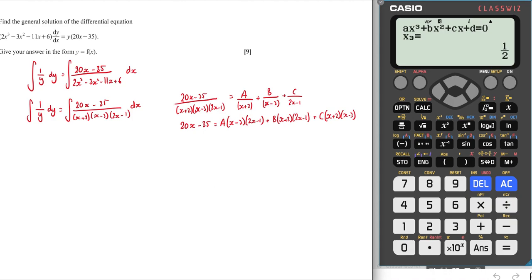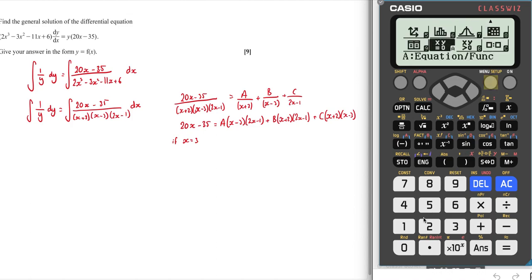So if x is 3, let's pop back into normal mode, 20 times 3, take 35. I'm going to get 25.